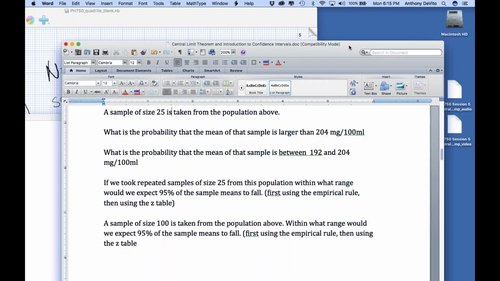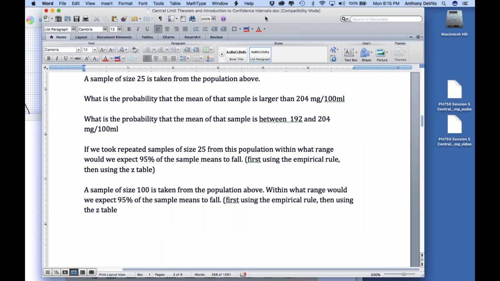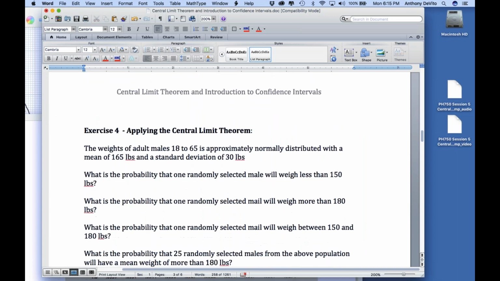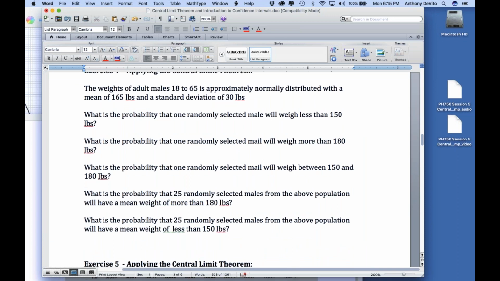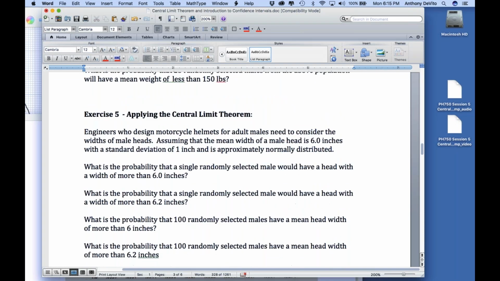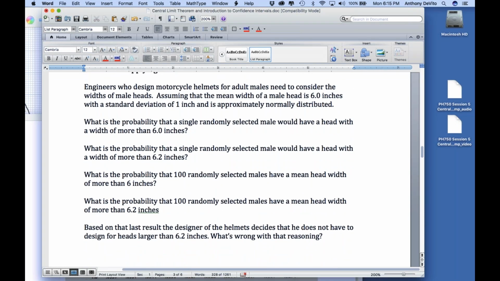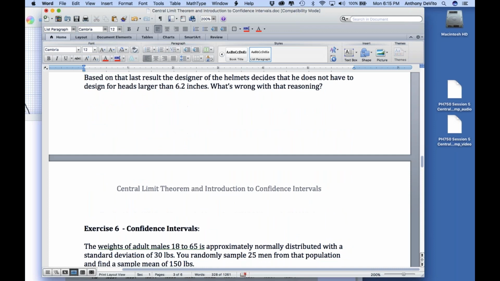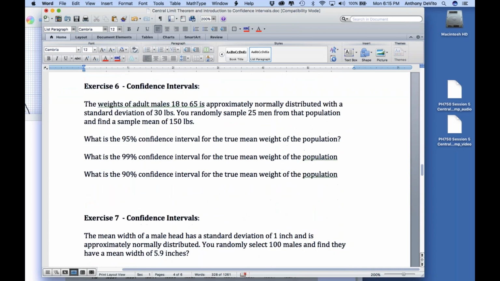Okay, so now I'm going to go back here to this thing. What's the probability that the mean of samples, when we took repeated samples, empirical rule? I'm going to skip a little forward here. We're going to use this to understand how well we really know the mean of a population from a sample that we've taken.